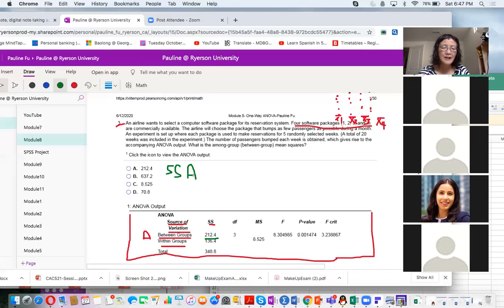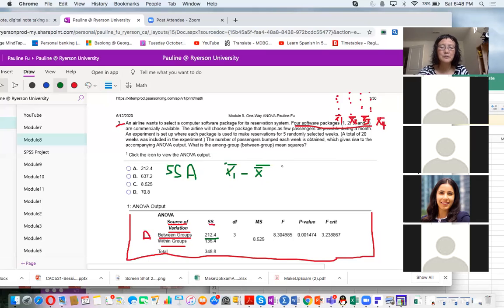So how do you calculate sum of squares among groups? You use group 1 average X1 bar, minus the total average X double bar, and then you square it.